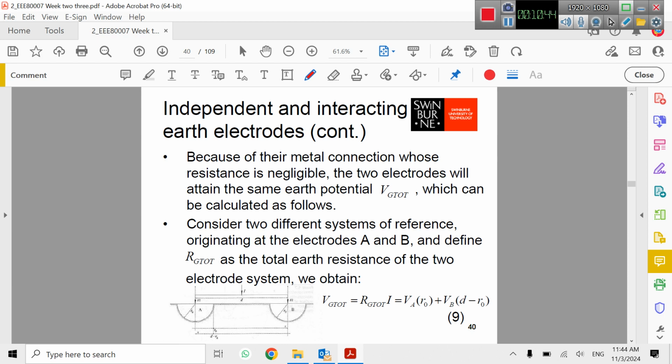So here you can see VA at the radius of R plus VB, which is at distance D minus R0. Of course you can understand the meaning of D minus R0. The distance between the centers of A and B is D, and R0 is the radius of each one.